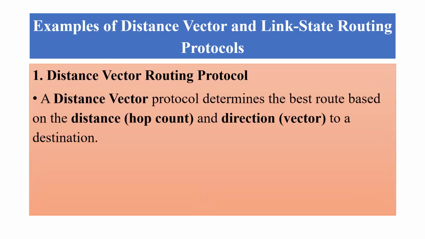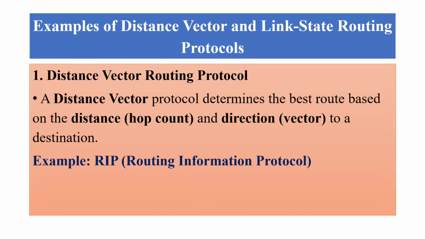Okay. So now when you come to the differences, they are further divided here. The distance vector protocol determines the best routes based on the distance or hop count, and then directs the vector for how it will go to the next destination.